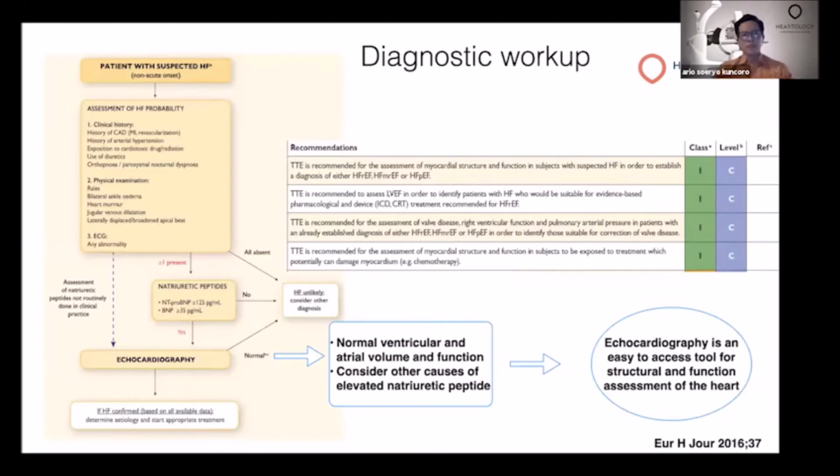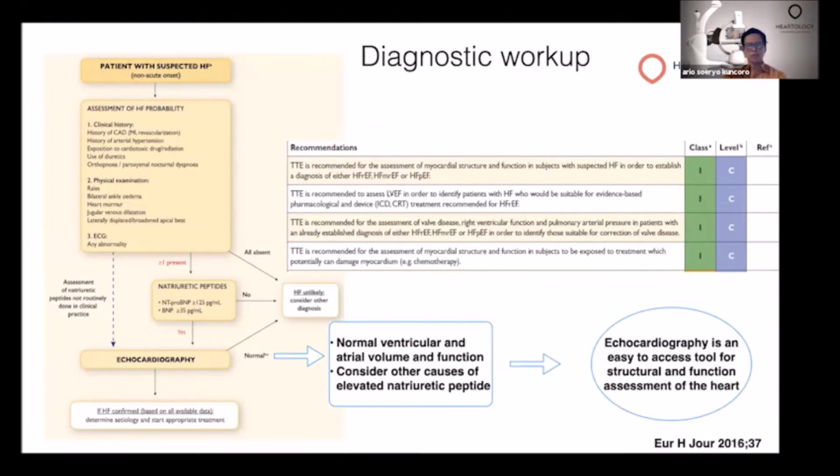And if you look at the diagnostic workup as a review, when we have a patient with suspected heart failure, in a non-acute onset setting, so they come to the clinic, then of course we need to make the diagnosis and treat promptly.